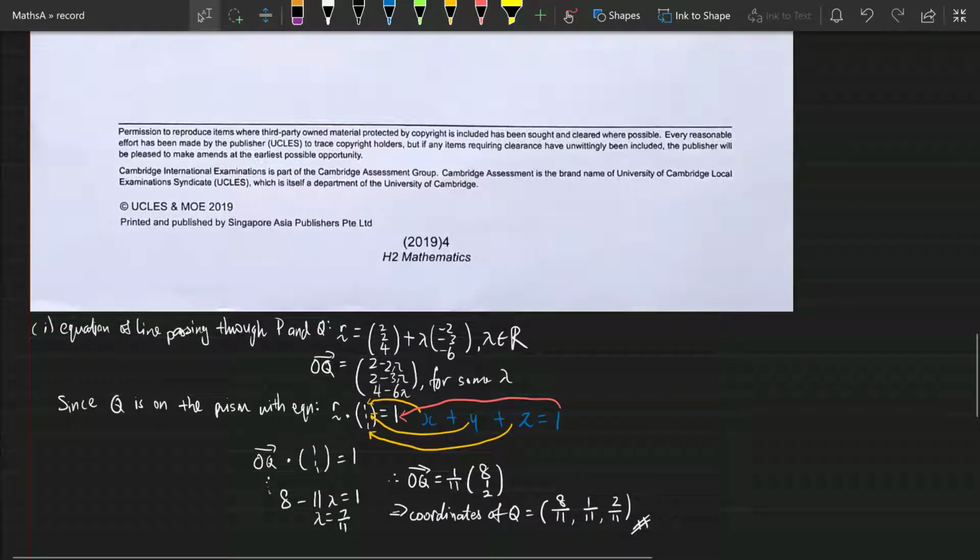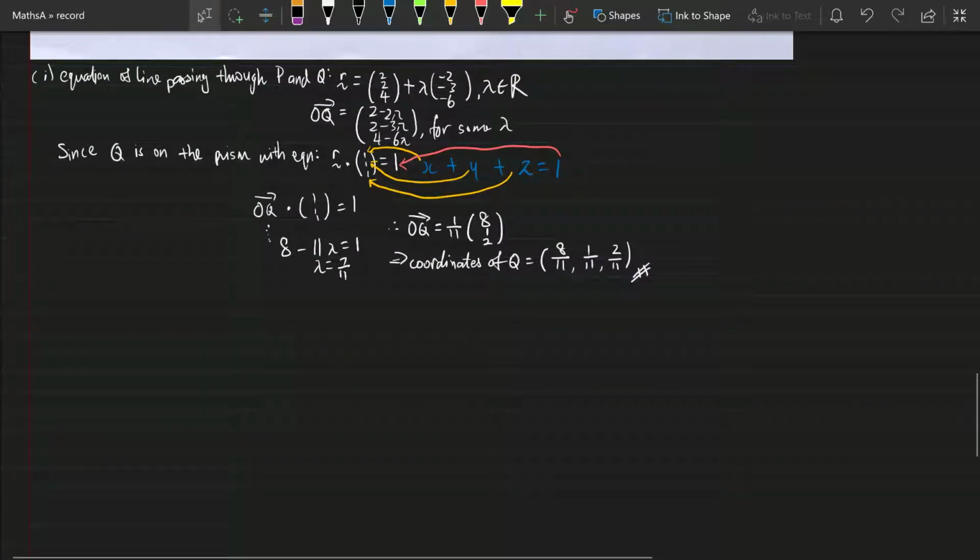So again, let's just try to do this. I'm going to skip all the writing of the words, because this is how I present my answers. That's my recommended way of presenting.